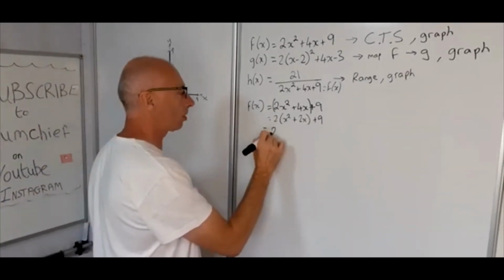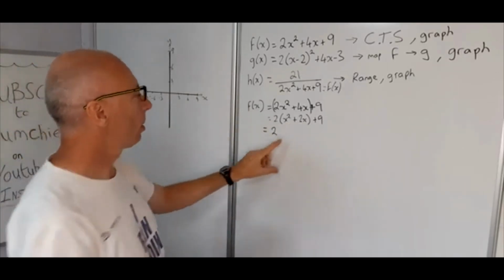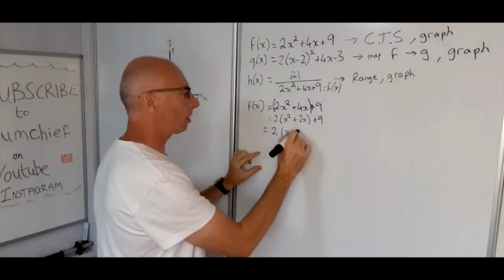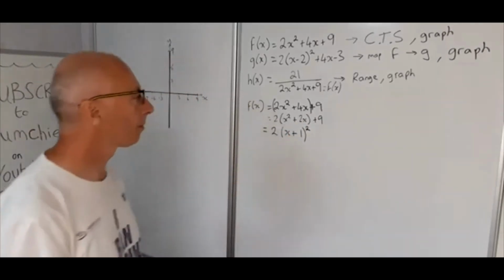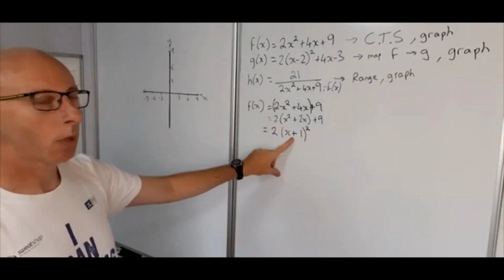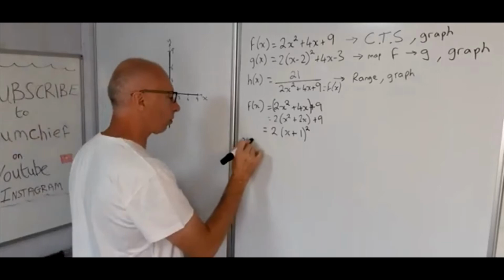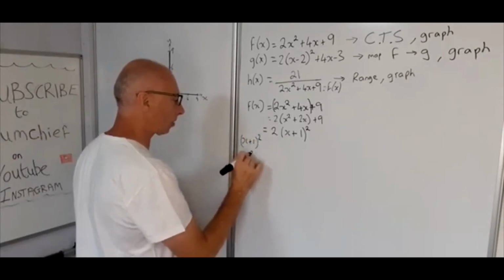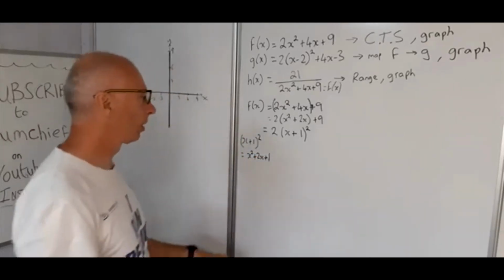So this is now 2. Now to complete the square on this, we're going to have x plus half of this, which is just 1, and that's squared. But x plus 1 squared, let's just write that here, x plus 1 squared, that equals x squared plus 2x plus 1.